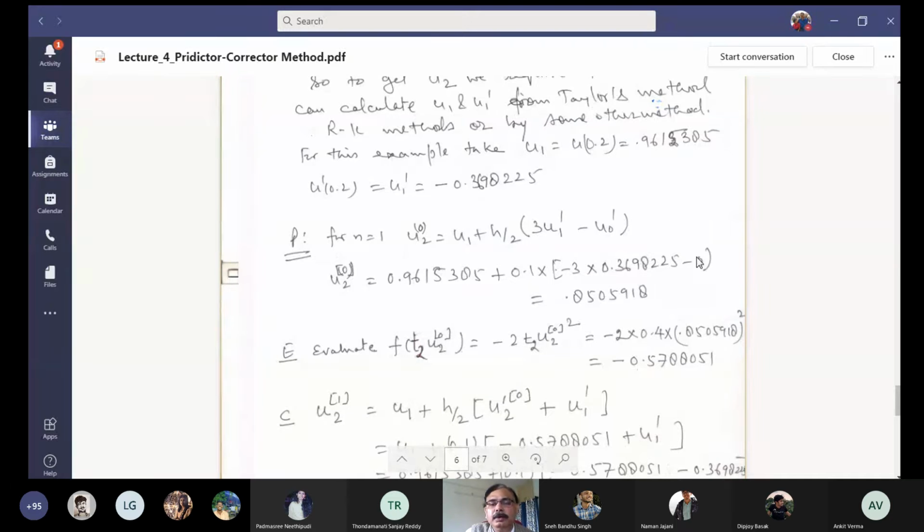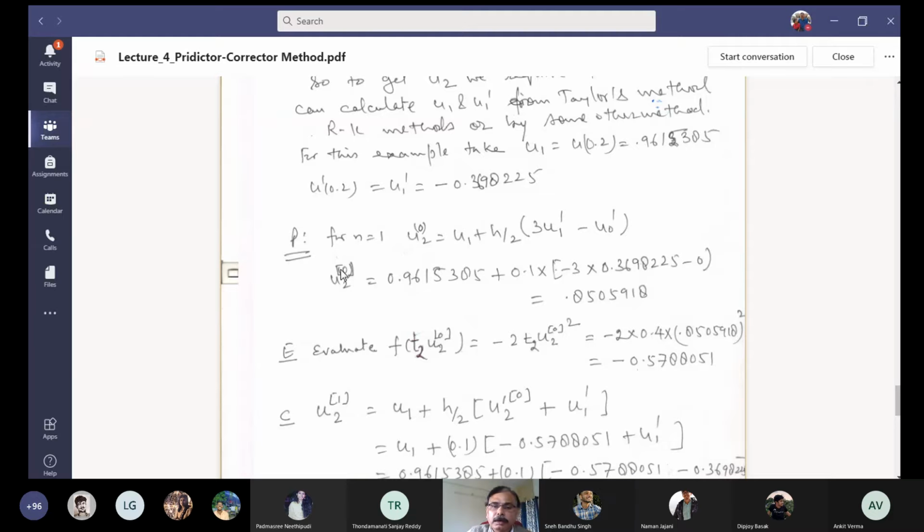So in that case it is 0. So basically you put all these values, you get u2 0. Here we have used the predictor method. So u2 0 we fix as the initial value for u2. Is this clear? Yes, sir.